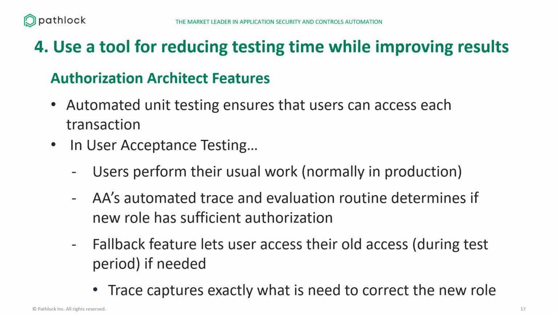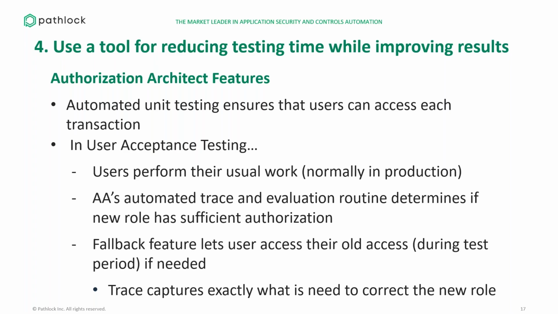And then it's going to first look at the new role that's attached to him and say, does that have the adequate access to do this? And if it doesn't, it's going to let him fall back to his pre-existing access, which presumably he was able to use to do that invoice processing operation.